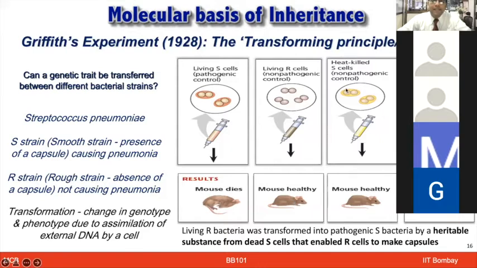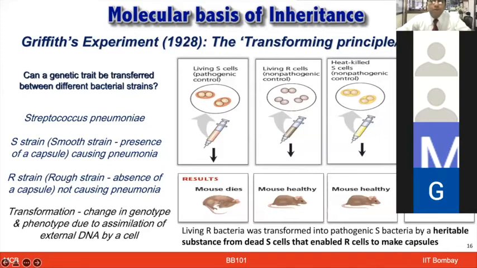When we have the heat-killed S cell, heat-killed Streptococcus pneumoniae, it is non-pathogenic, because the virulence is gone after the heat treatment, and therefore the mouse remained healthy. Now the last experiment came as an unexpected result.